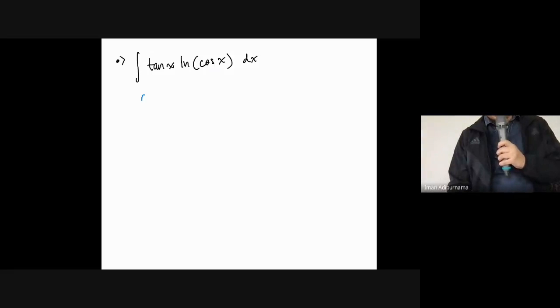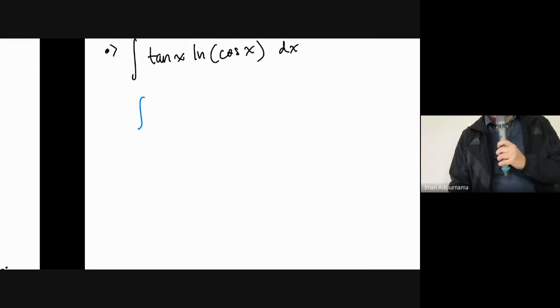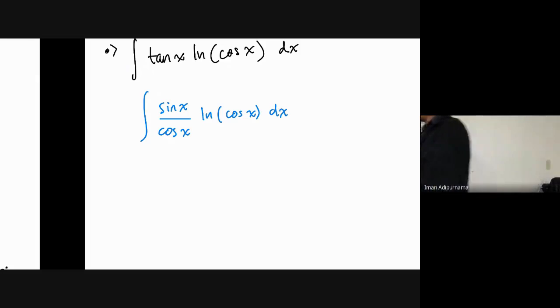If you have the tangent, you can write it in sine and cosine.